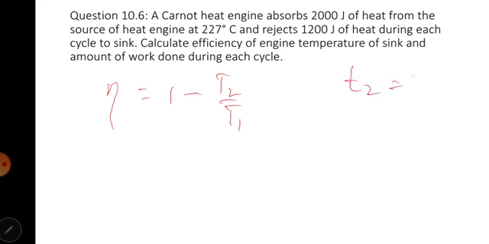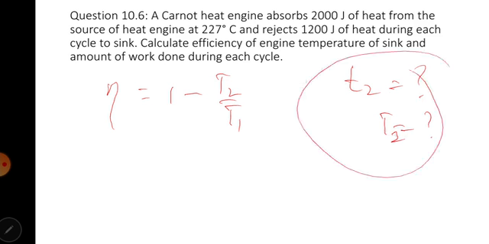T2 is the temperature of sink, or write capital T2, both mean the same thing. Now we have already calculated the efficiency from the formula 1 minus Q2 divided by Q1. Take the efficiency and use this formula to calculate the temperature of the sink.